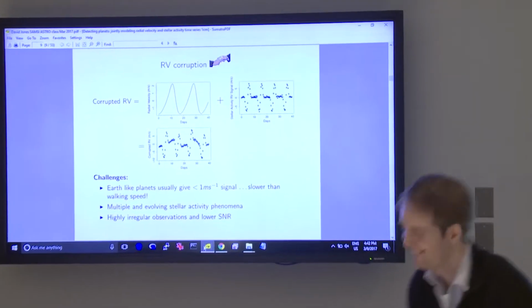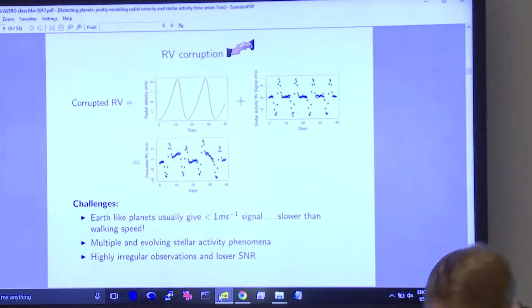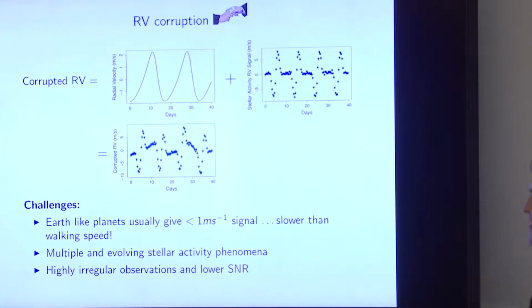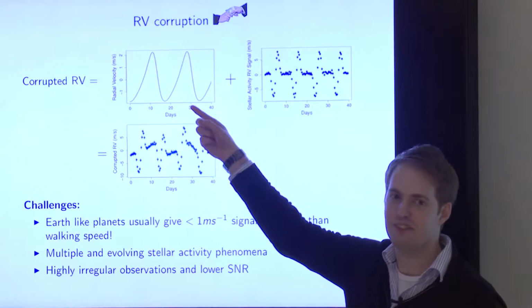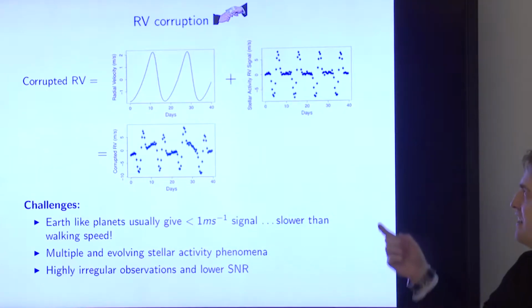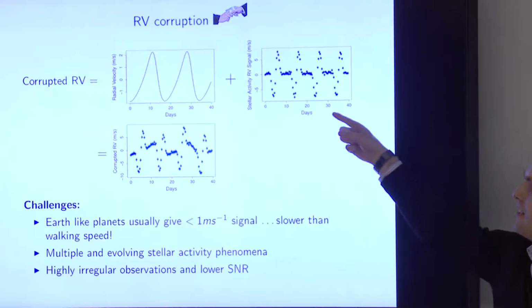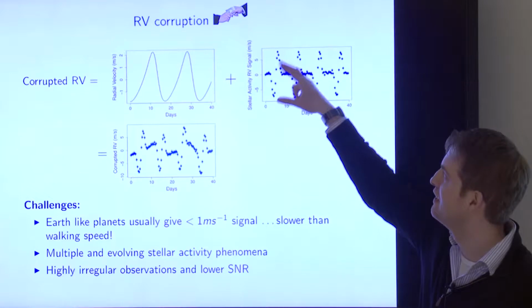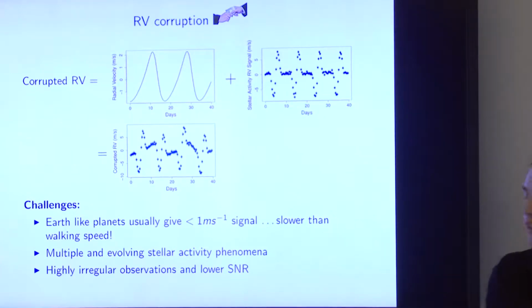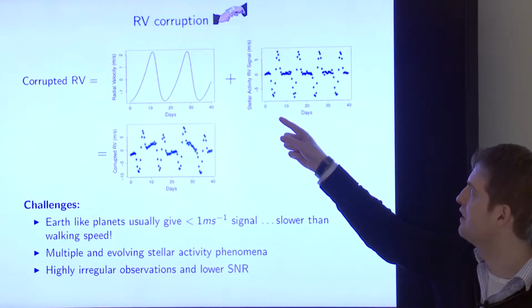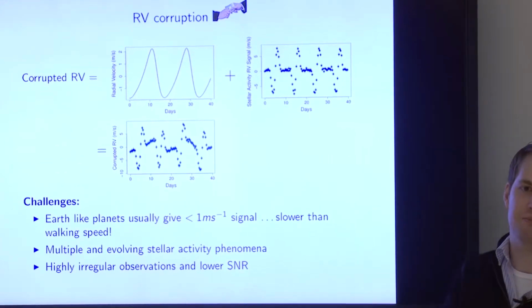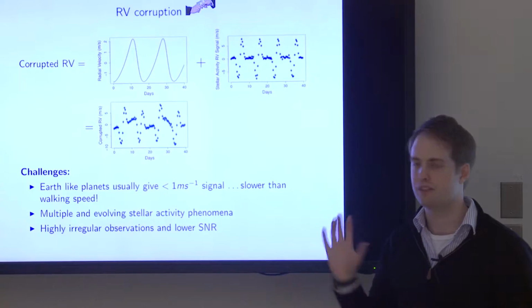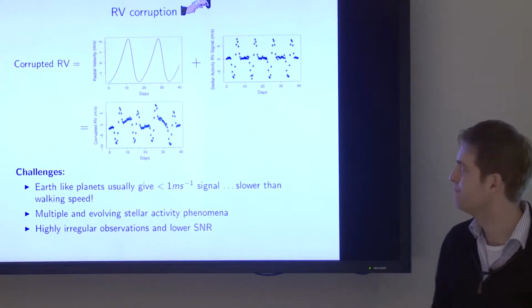And so we get this corruption, and corruption, of course, is bad. This is the ideal planet signal that we would want. And if there's a single spot on the star, it could create this type of signal, and the signal can even be bigger than the signal for the planet. The y-axis here is in apparent meters per second, so it's the apparent radial velocity of the star, just due to the spot.